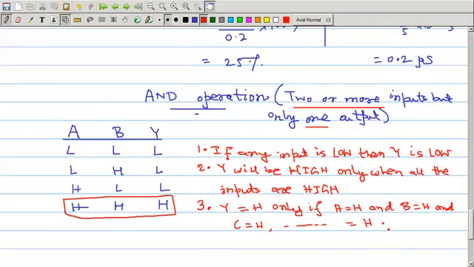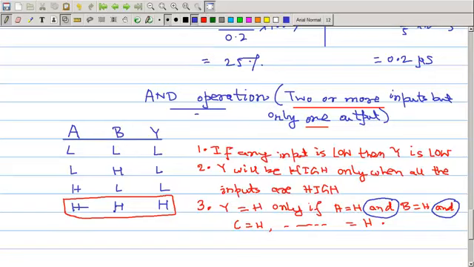Try to understand this; it is a very important observation. So Y is high only if A is high, B is high, C is high. Only when all of these are high, A is high and B is high and C is high, and so on.